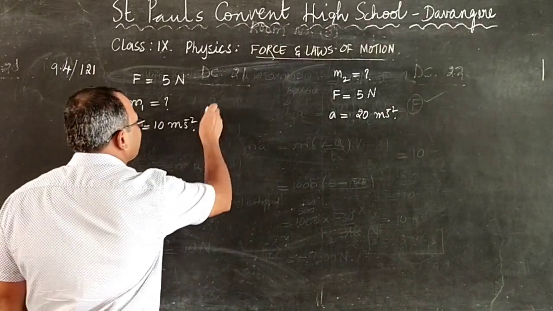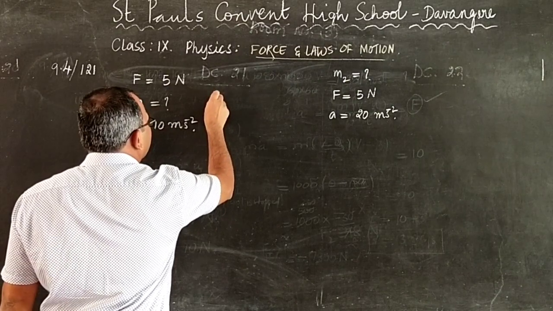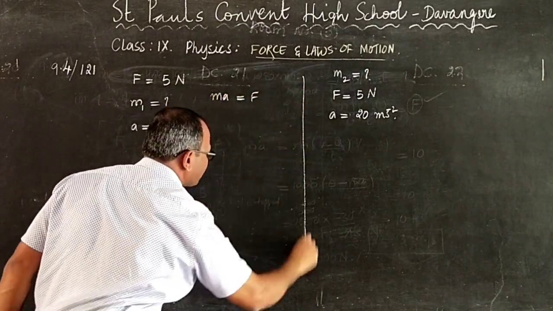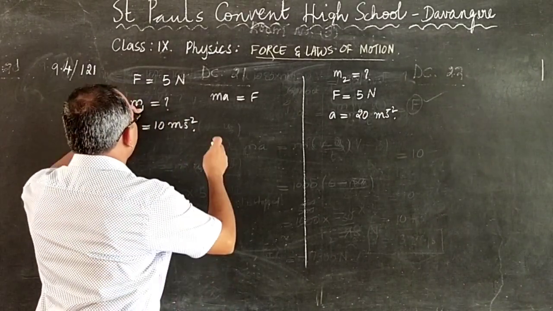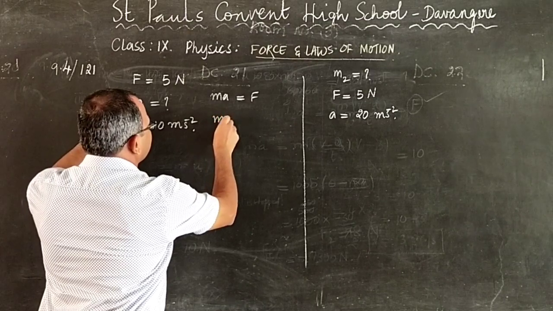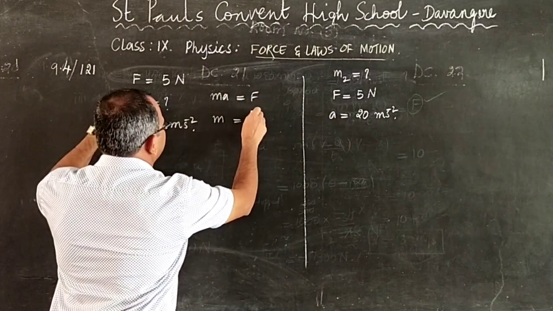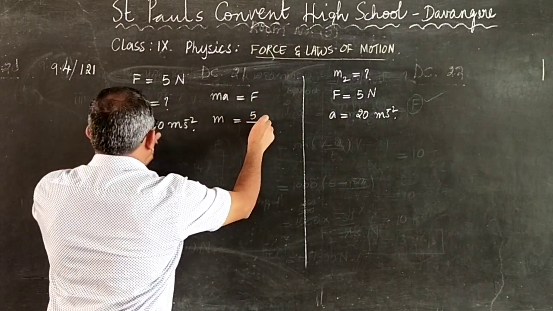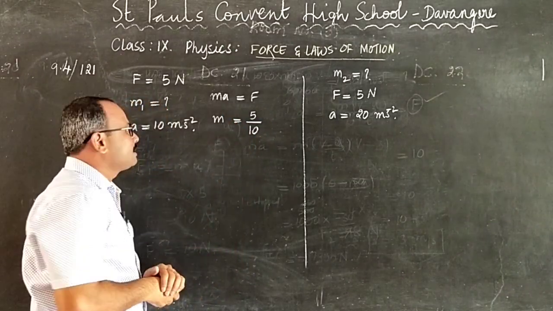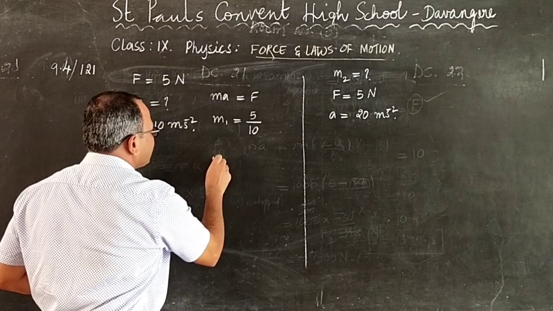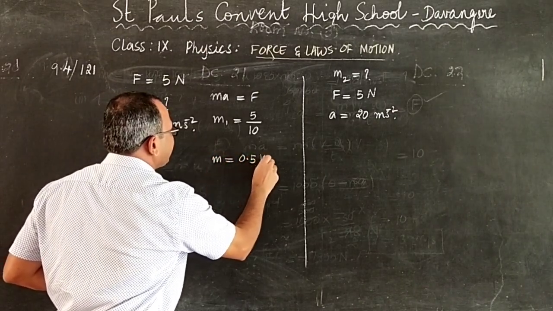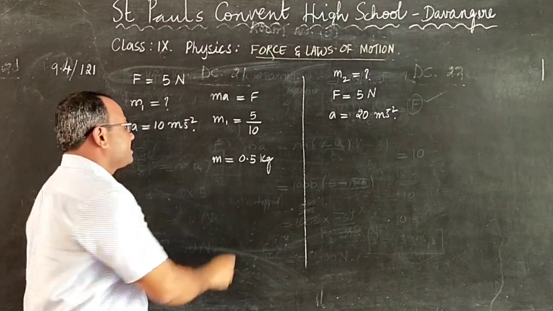Therefore, m into a is equal to F. For m1, m is equal to force 5 by acceleration 10. By cross multiplication, children, the mass of the object will become 0.5 kg, half kg.